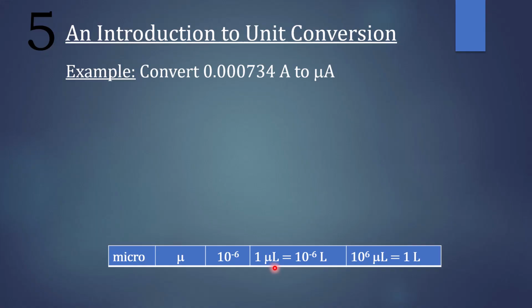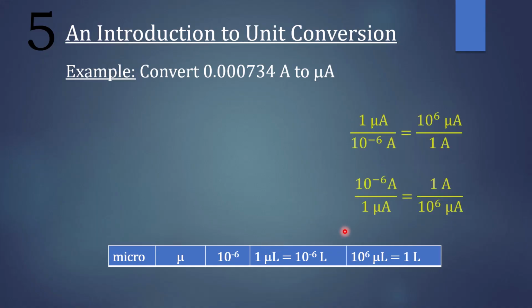Now, the way that this is set up, it's set up in terms of liters. Well, like I said, these base units here of liters are interchangeable, so I can insert amps, capital A, for both of these. So my prefix is 10 to the minus 6. That tells me I have 10 to the minus 6 amps per 1 microamp, for instance. So if I do that, I can write those conversion factors right over here.